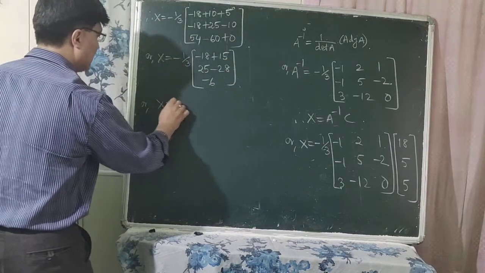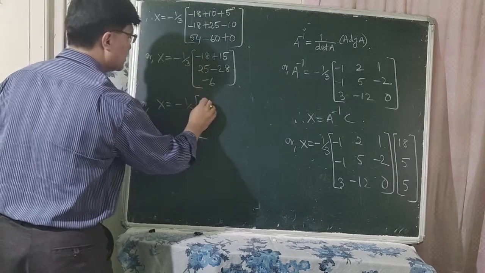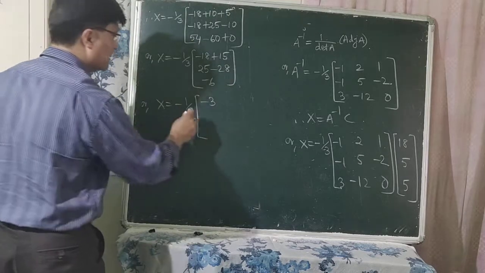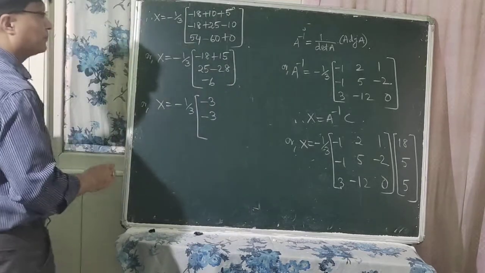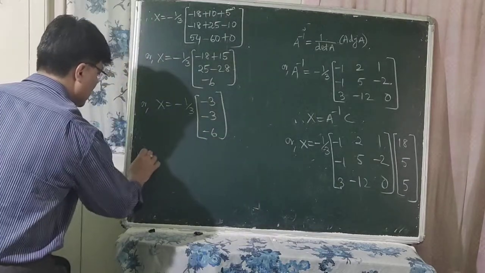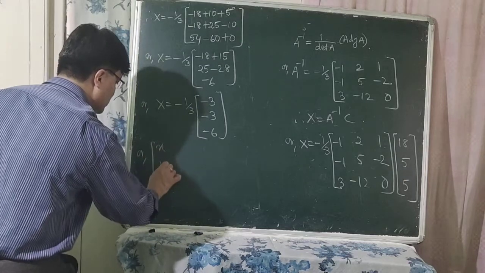So capital X is equal to -1/3. What is here? This is -3, right? 25 minus 28 is also -3, right? And -6.